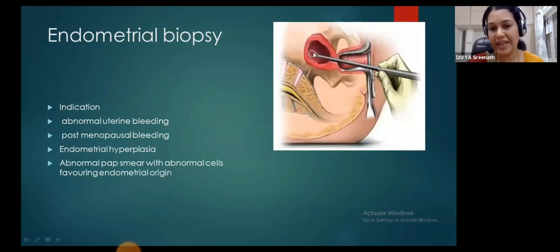From these four areas, samples are collected and evaluated, especially in postmenopausal bleeding. That is, even after menopause, there is bleeding. There may be a chance of endometrial hyperplasia or endometrial carcinoma. To evaluate that, we can use this endometrial biopsy, or even in patients with abnormal uterine bleeding, we can do this endometrial biopsy.